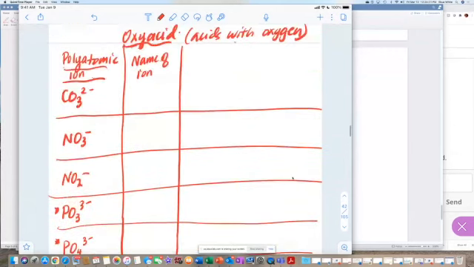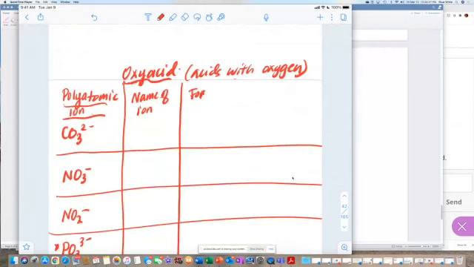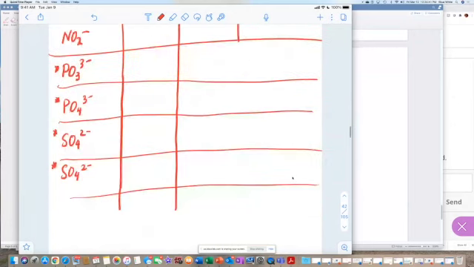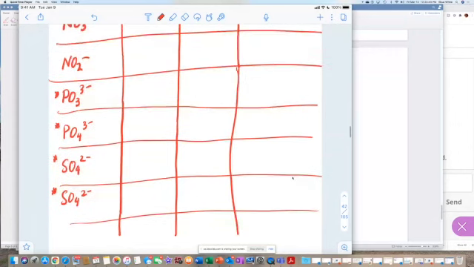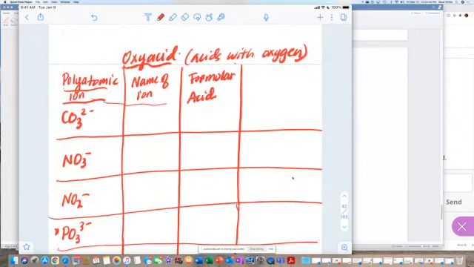And then the formula of the acid. And I'll show you how we get the name of the acid. Will I even have room for the name of the acid? Okay, hold on. Let me make this a little skinnier so we can see. So once we name this, it will help us to do the other part. I'm doing this part because it's a little bit more involved. And then the formula of the acid and the acid name.